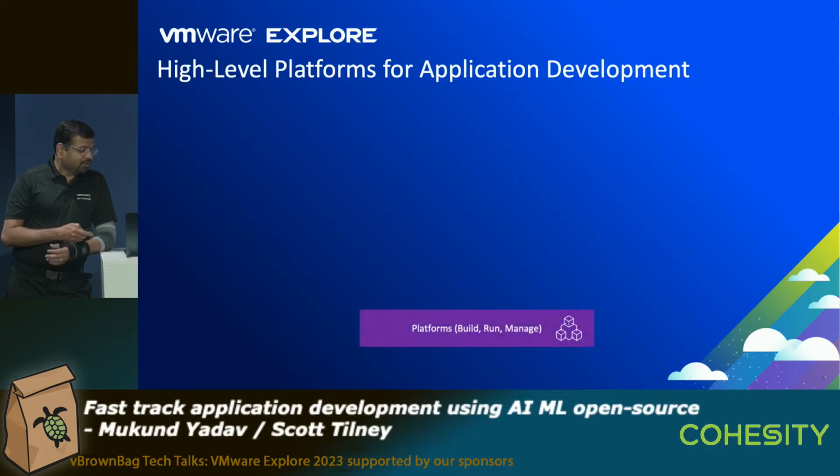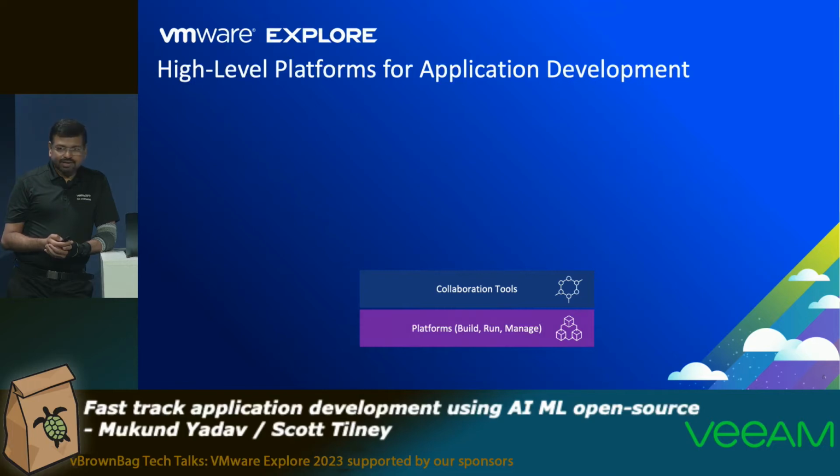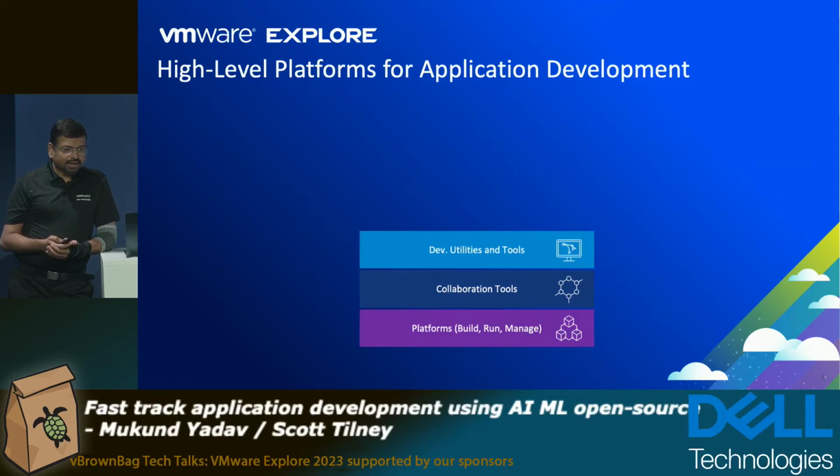As I mentioned earlier, we'll be looking at the platforms that a developer will generally be using. We'll look at the collaboration tools that a developer needs to effectively collaborate with other developers. We'll look at the dev utilities and tools that an IT developer generally utilizes.